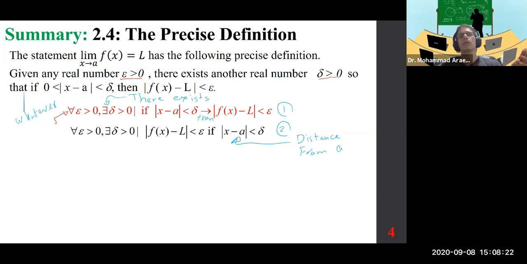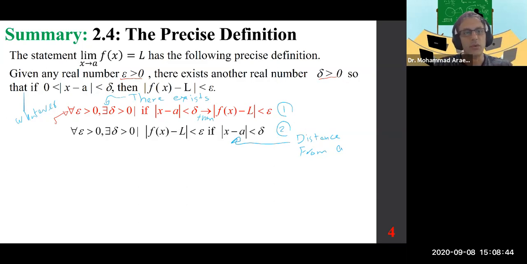The distance is from a, remember, x is approaching a. So along the x-axis, we are looking at the x distance from a. That means a minute distance, a very small distance from a. Remember, we said this is a. You get to a from the left and right. I'll show you the graph in a moment.